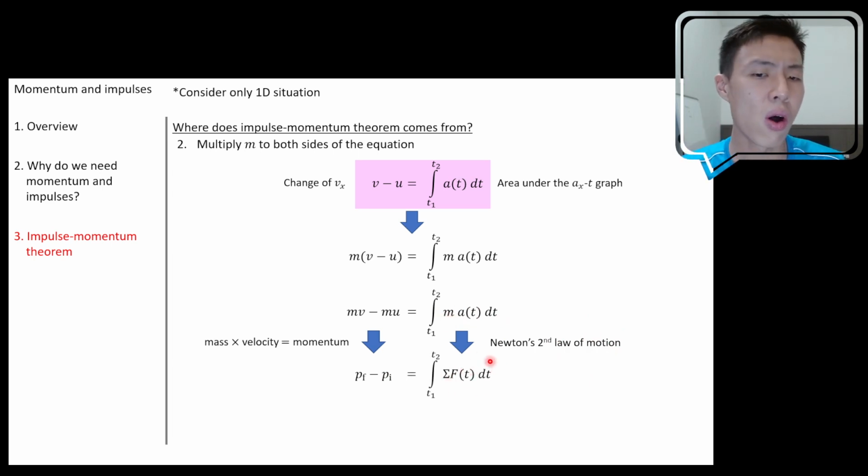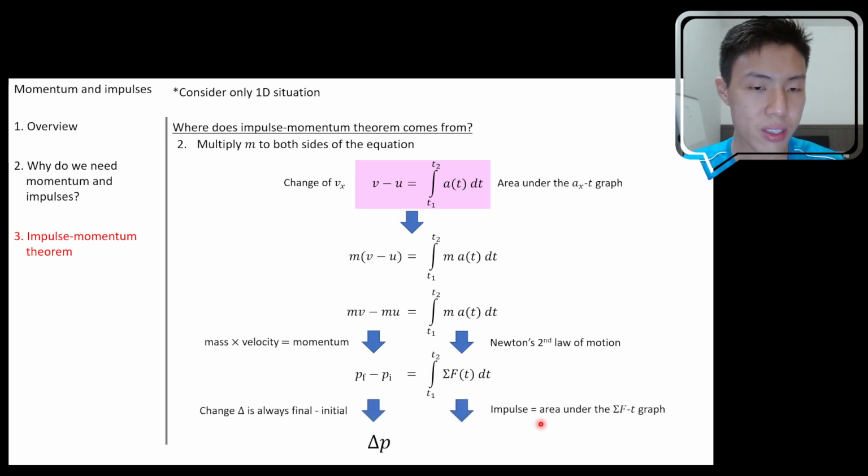Now what we are seeing on the right-hand side is the integration of the net force from t1 to t2. So we have changed from the area under the acceleration-time graph to the area under the net force graph.